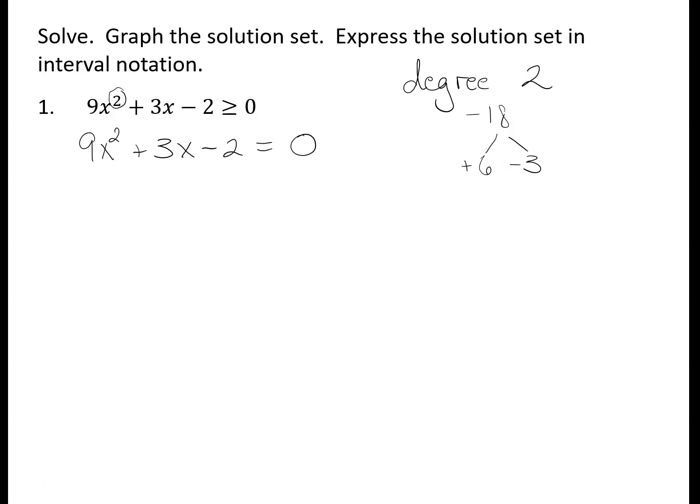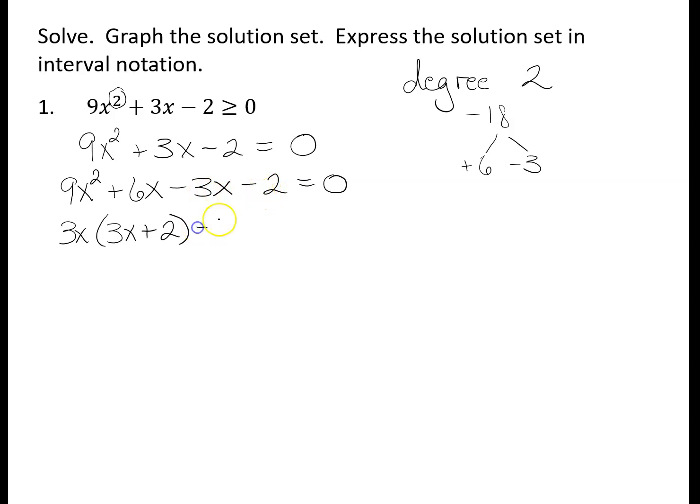Thus, we can go ahead and solve by factoring. We're going to replace the 3x with plus 6x minus 3x, or you could have those in reverse order, and then factor by grouping. So I'm going to pull a 3x out of the first two terms. And I don't see a common factor with the second two, so I'm just going to pull out a -1 out of those. And that's going to work because I do get a 3x plus 2 in the parentheses, which is what I had in my first set.